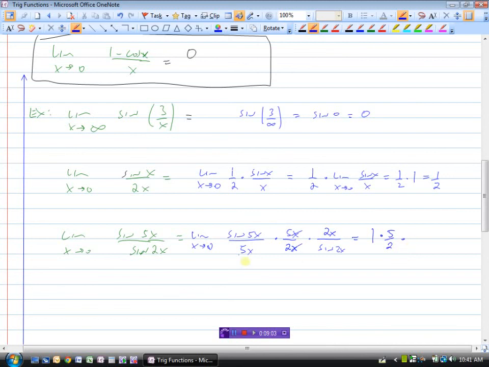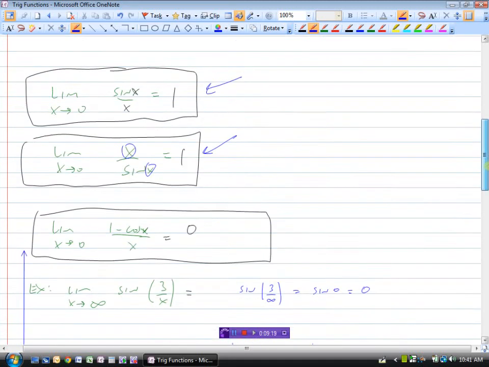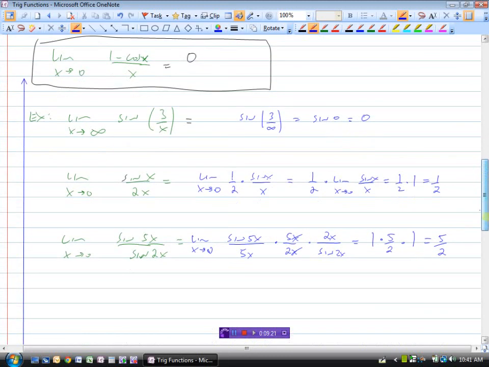And my second limit as x approaches 0 of 2x over sine 2x is 1. So we have 1 times 5 over 2 times 1, which is 5 over 2. So this is why they're a little bit like puzzles. You have to somehow generate those identities up here, these two, by expanding the expression and adding what you need to make them work.